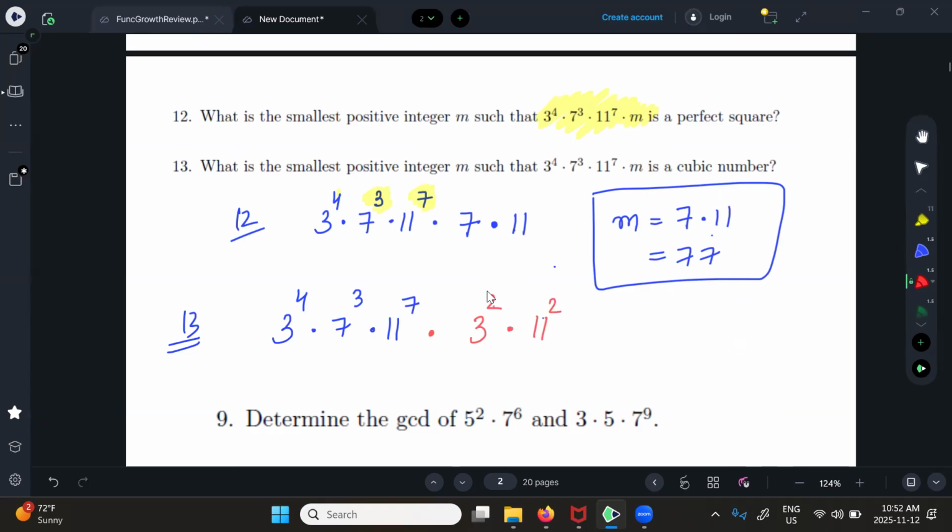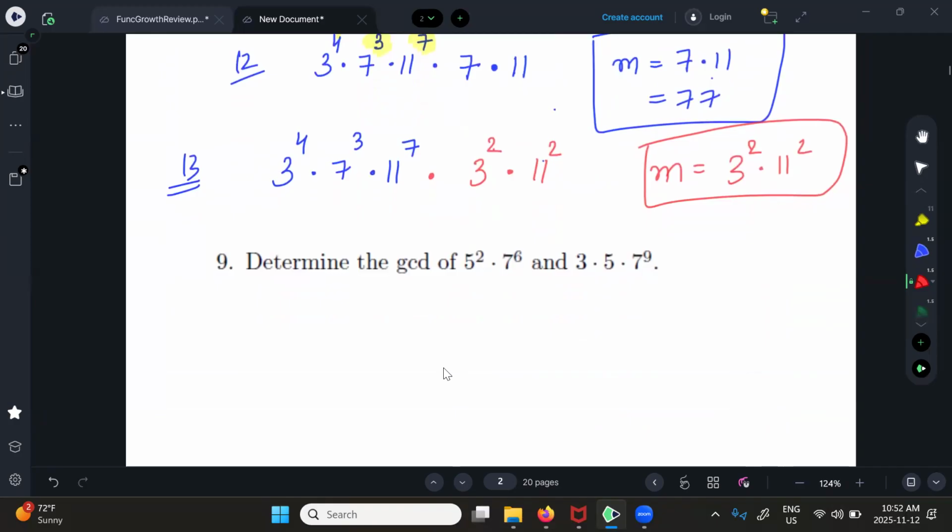Because if I do 3 squared, this will become 6. If I do 11 squared, this will become 9. So m has to be 3 squared times 11 squared. Make sense? And you pick the correct answer based on that. Perfect square, every power should be a multiple of 2. Perfect cube, every power should be a multiple of 3.